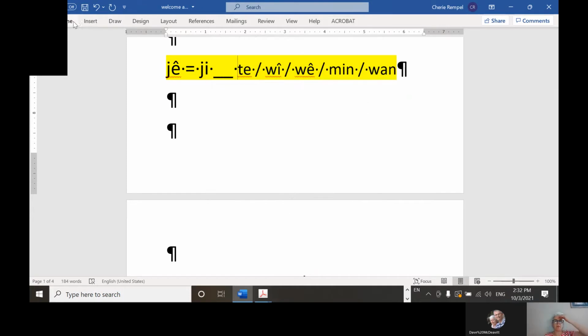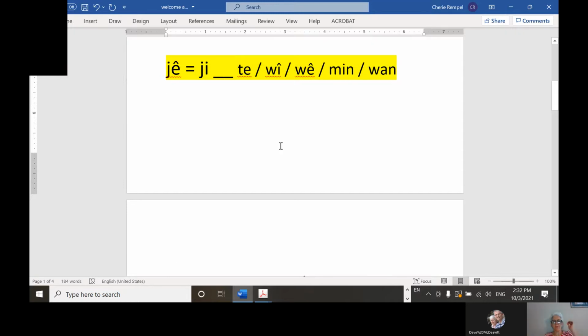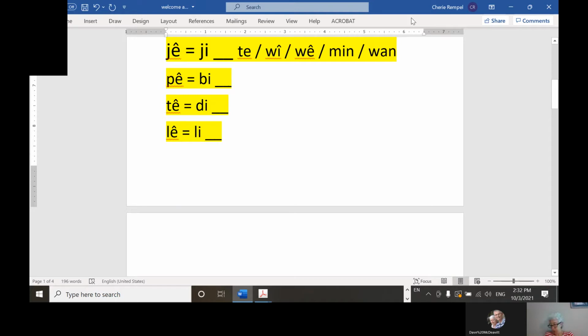That's how it's broken down. We have other prepositions like this. They're contractions. So pay comes from b something. A comes from d, and lay comes from the something. Those are the contracted prepositions.